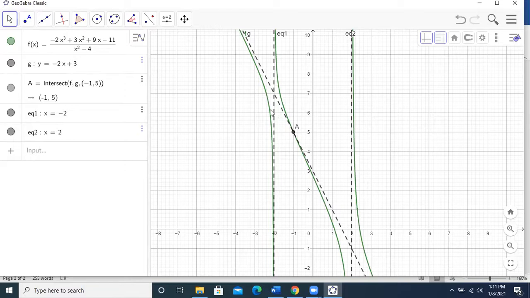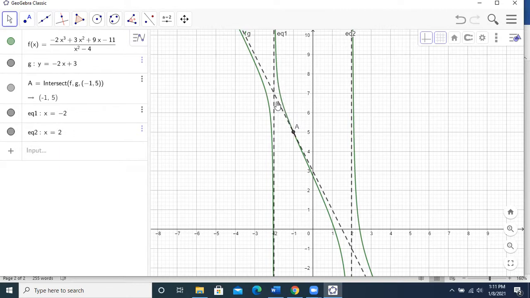When x is between negative infinity and negative 2, the curve is below the line. When x is less than negative 2, the curve is below the line. When x is between negative 2 and negative 1, the curve is above the line.